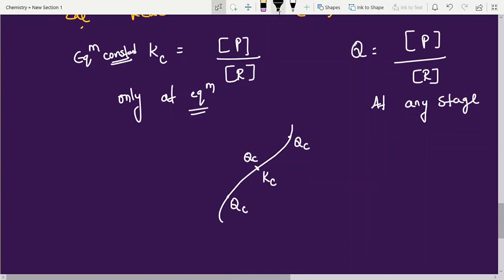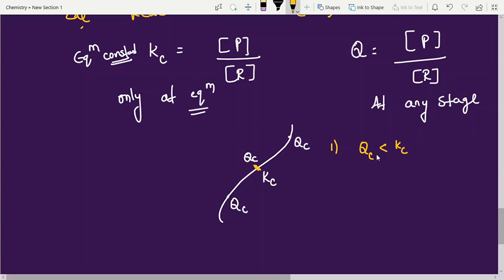What is the first point? Qc less than Kc. See, here Kc is there. It is lower part. Lower part is nothing but Qc is less. If Q is less than Kc, then what happened? Reaction will proceed in the direction of the products.